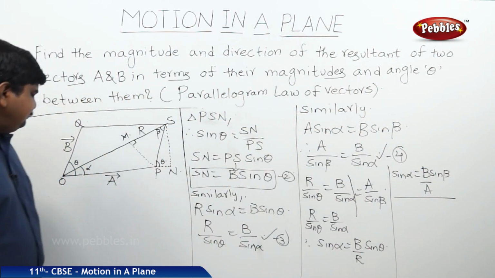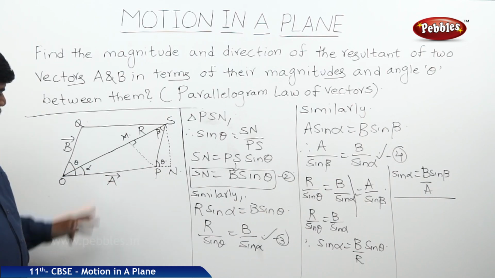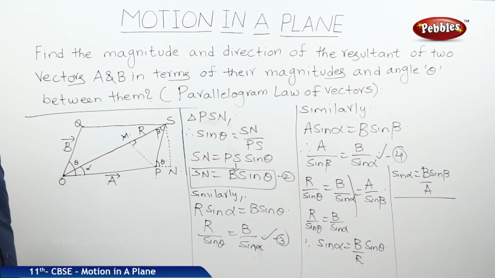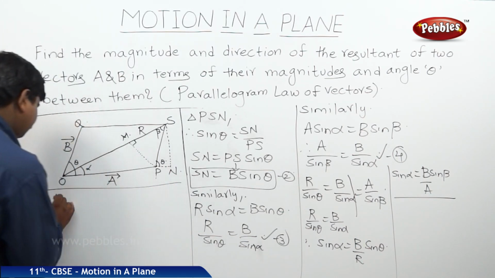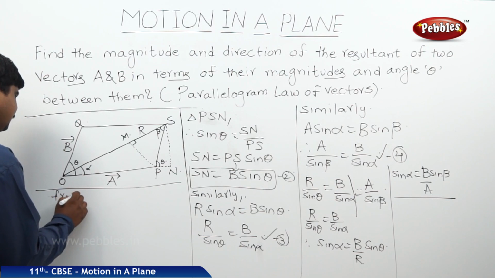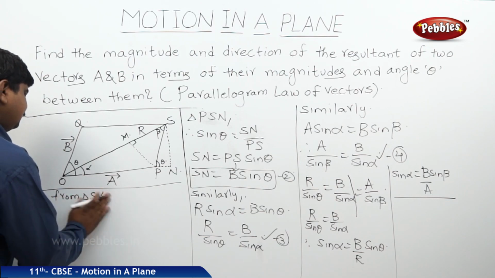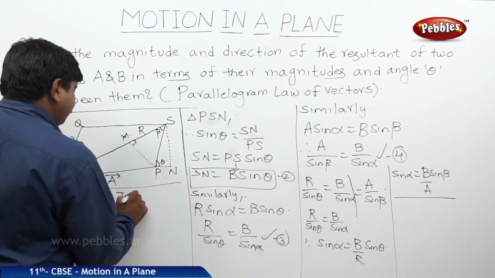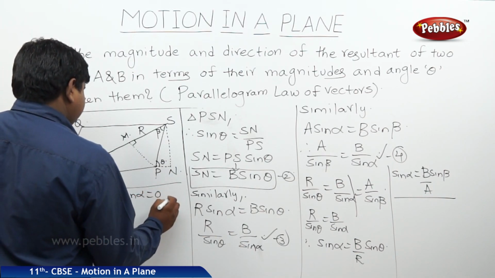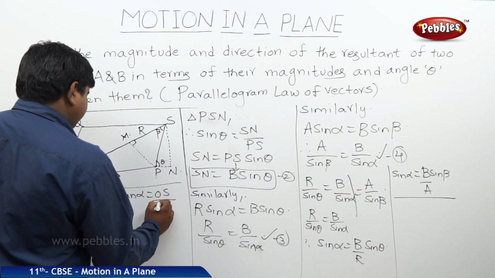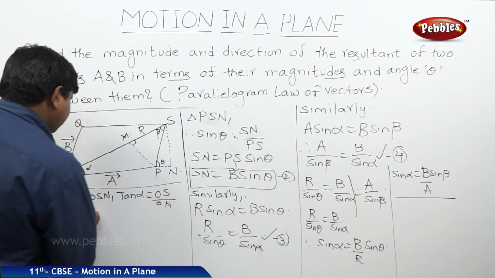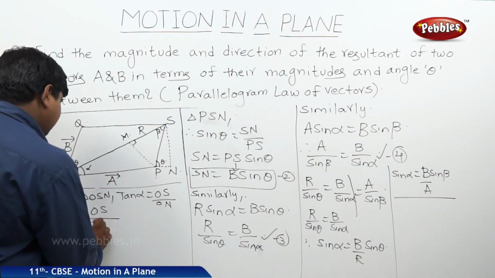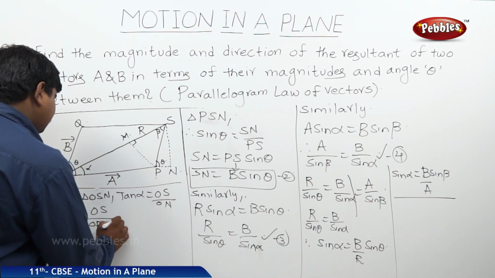Now from the triangle OSN, tan alpha is equal to opposite by adjacent. From triangle OSN, tan alpha is equal to Sn by On, where On is OP plus Pn.